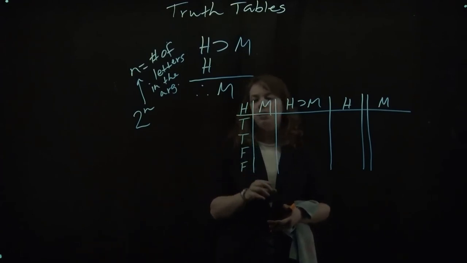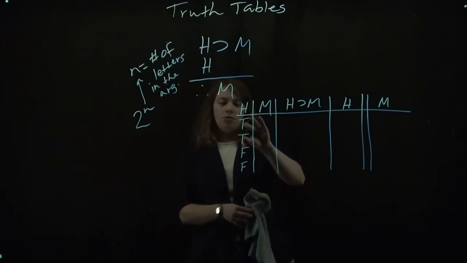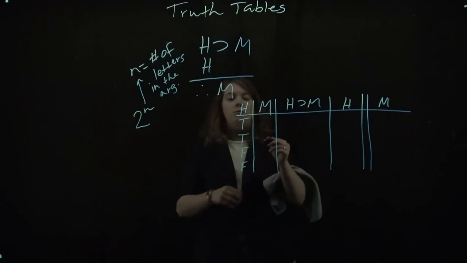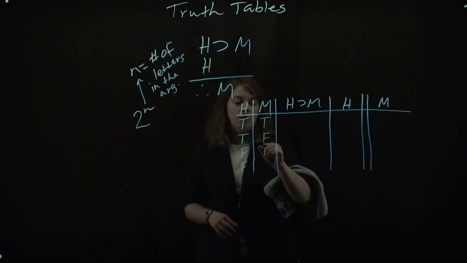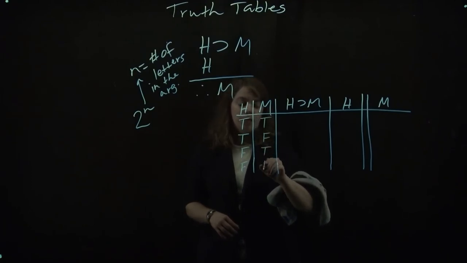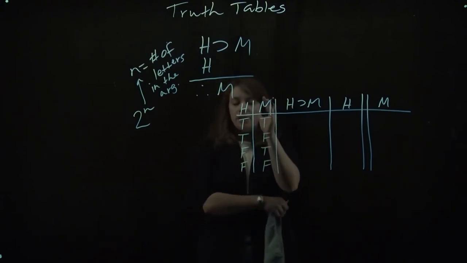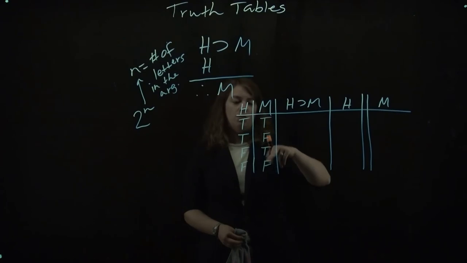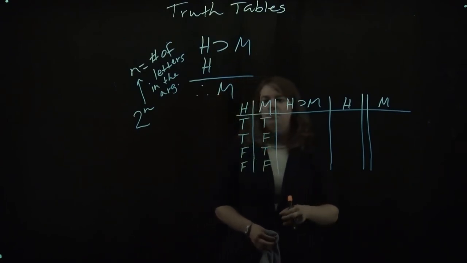So basically, since they came in couples here, you're going to go 2 divided by 2, which is just going to give you 1, which means that you're just going to alternate in this last column the truth values. And the last letter in your truth table, the configuration will always look like this. It will always be an alternation of true, false, true, false.